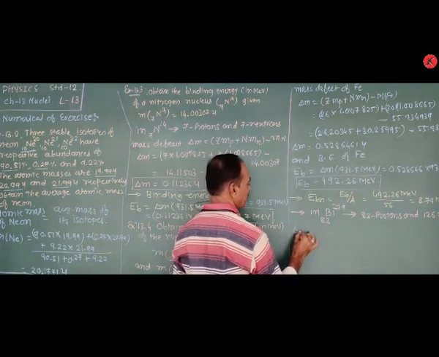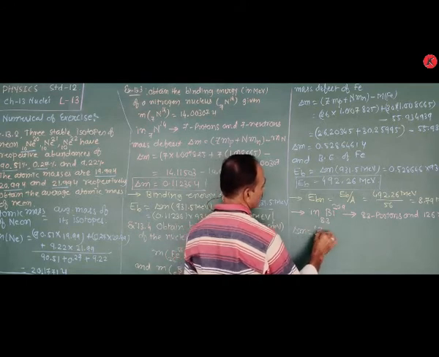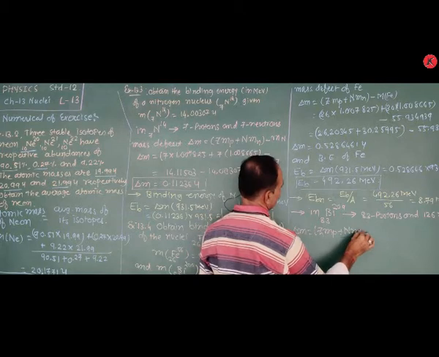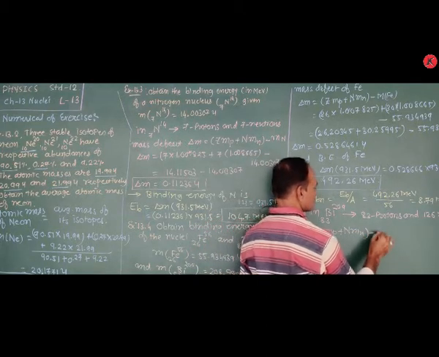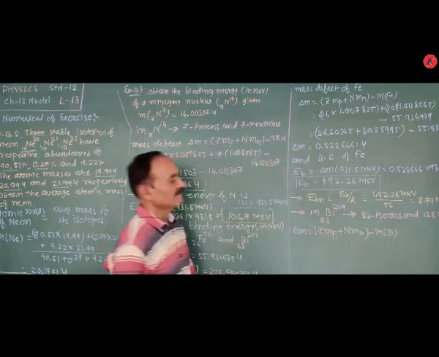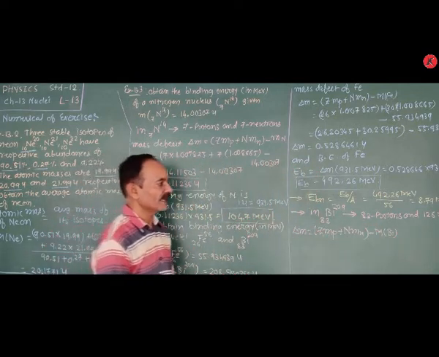Therefore, mass defect delta M is equal to ZMP plus NMN minus mass of bismuth nuclei.